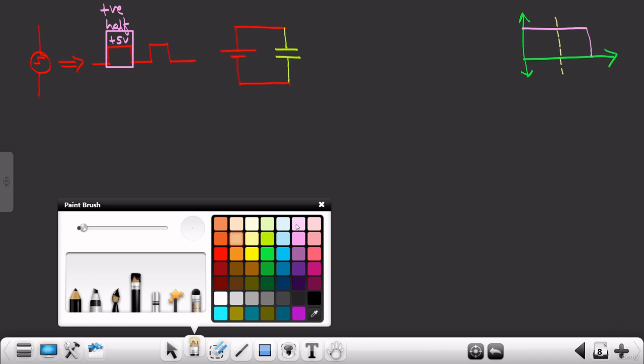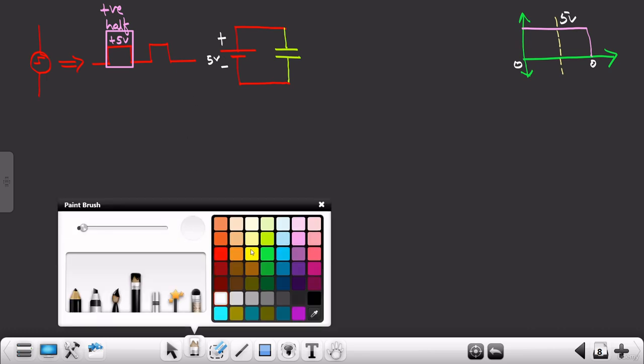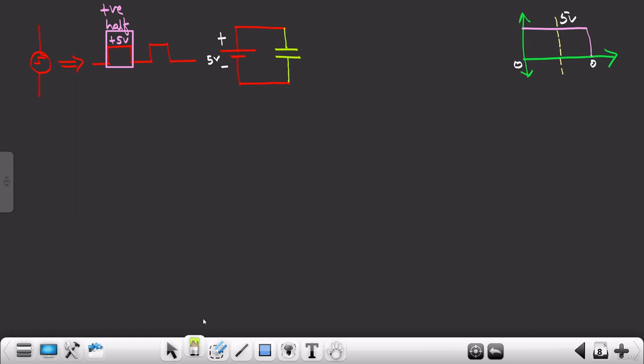Now what you can see over here, just for your understanding, let's suppose this is 0 volt, this is 5 volts, and then again it is going to 0 volts. This is plus minus 5 volts, right? From 0 volts to 5 volts, the capacitor is charged. The capacitor has charged, right?